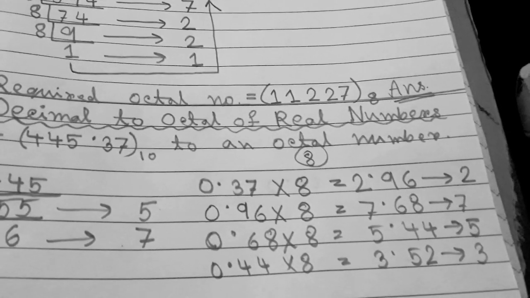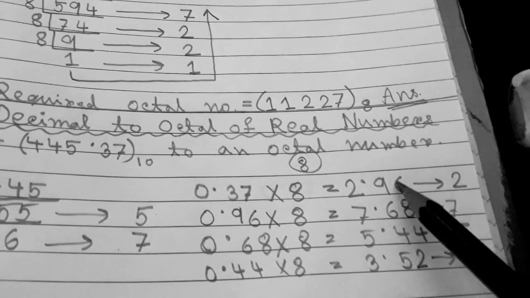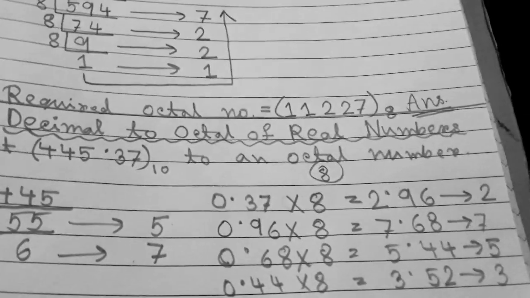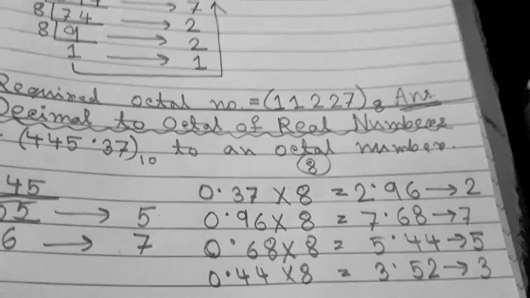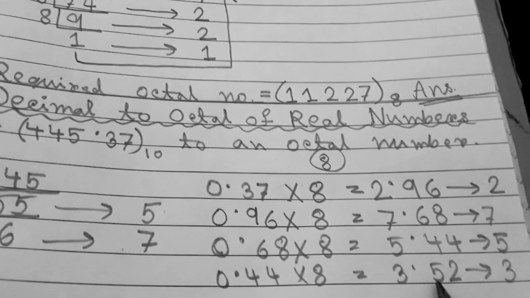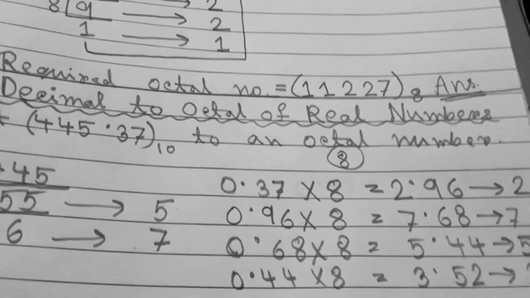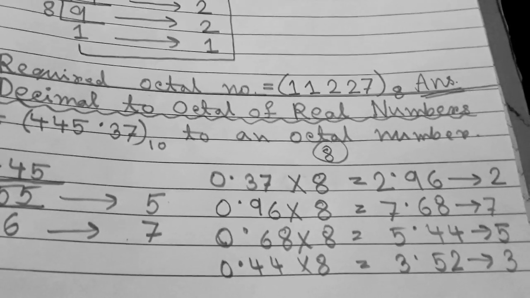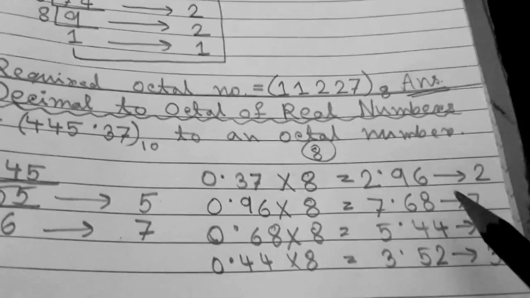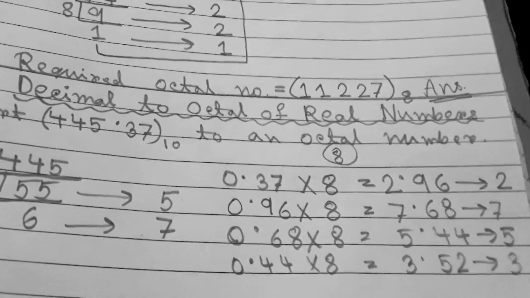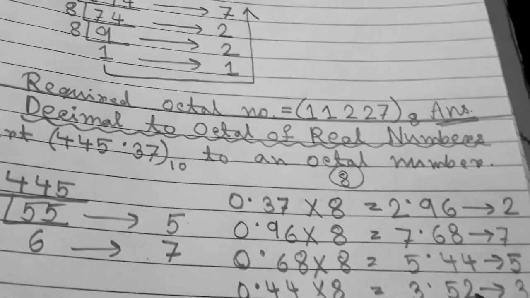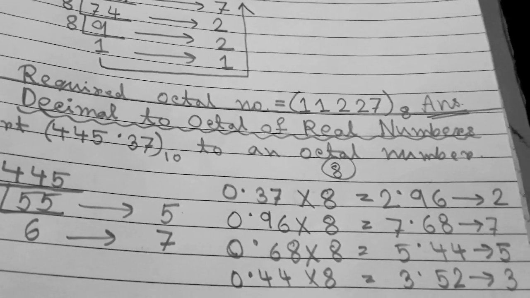So you can watch here that after 4 times also I can't get, after point, no zeros. Where you have to stop? After point, if you get 0, there you have to stop. But I already mentioned to you that if after 4 decimal places you don't get the 0, then you stop here after 4 times.